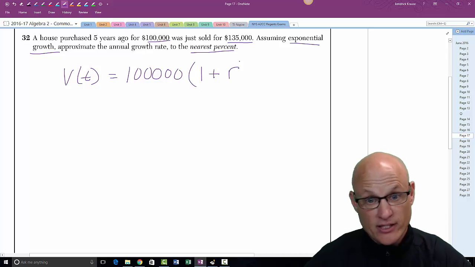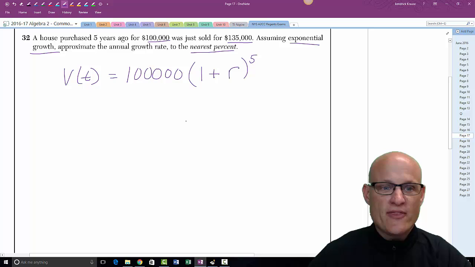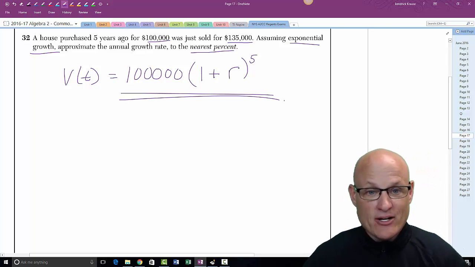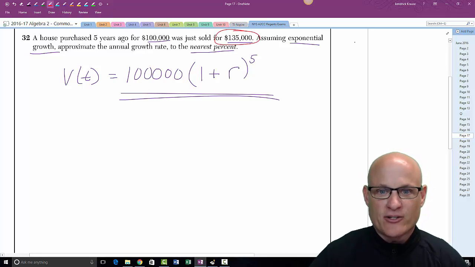I don't know what the rate is. It's r. And we know we did it for 5 years. So there's my equation. Whatever the interest rate is, I don't know. But there's my equation. Now, where am I going to use the 135? Well, that's my current value. Actually, this should be to the t. That's the equation. This is my current value, and I'm doing it for 5 years.